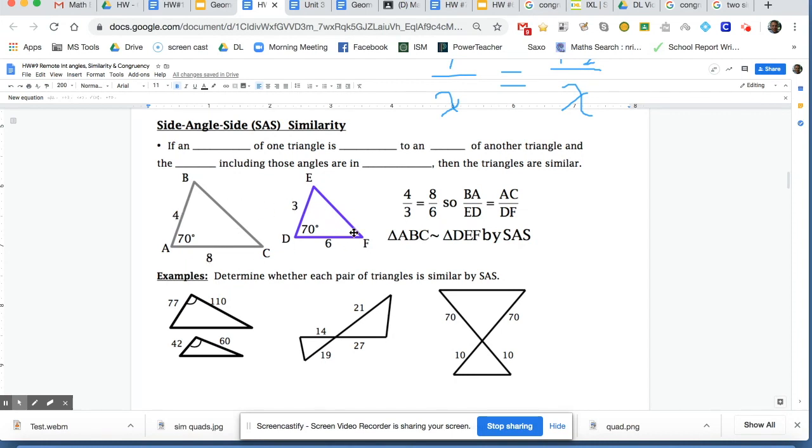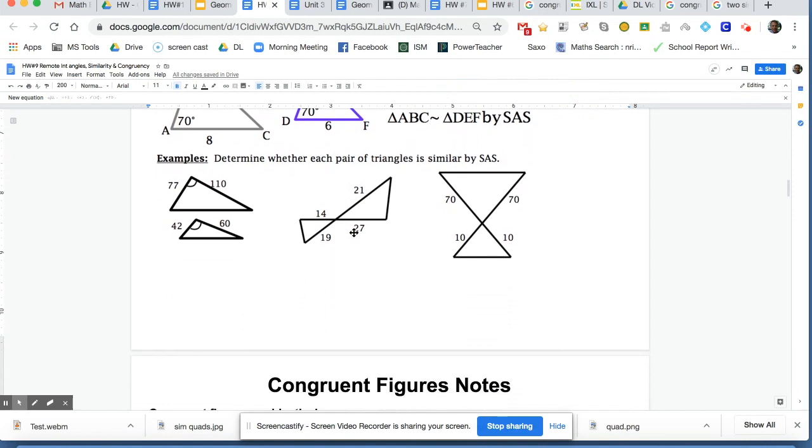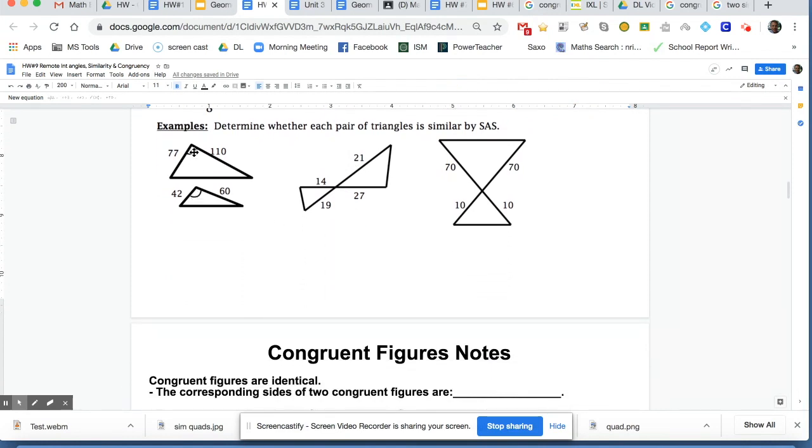Those are proportional. So if we come down and check here, we've got our pair of angles. And if we look at 77 to 42, that simplifies to 11/6. And then 110 to 60, and again, that also simplifies to 11/6. So that angle inside and those two pairs of corresponding sides are proportional. We know that these are similar.